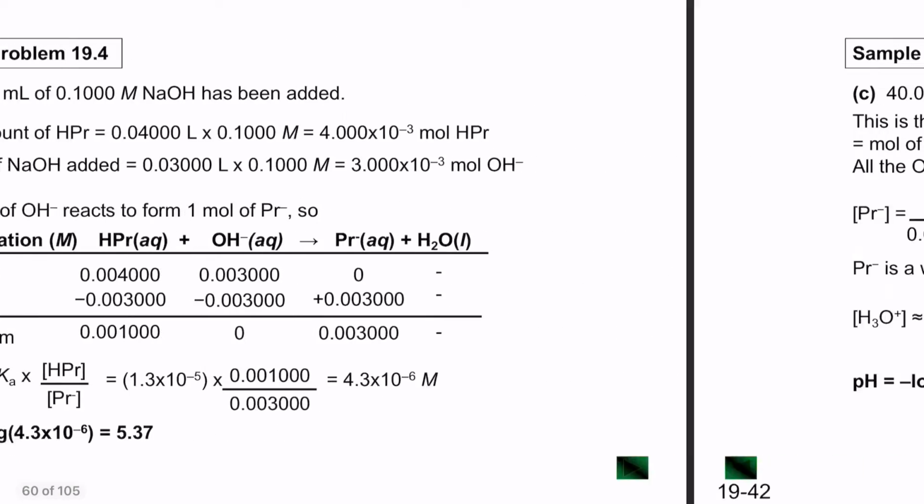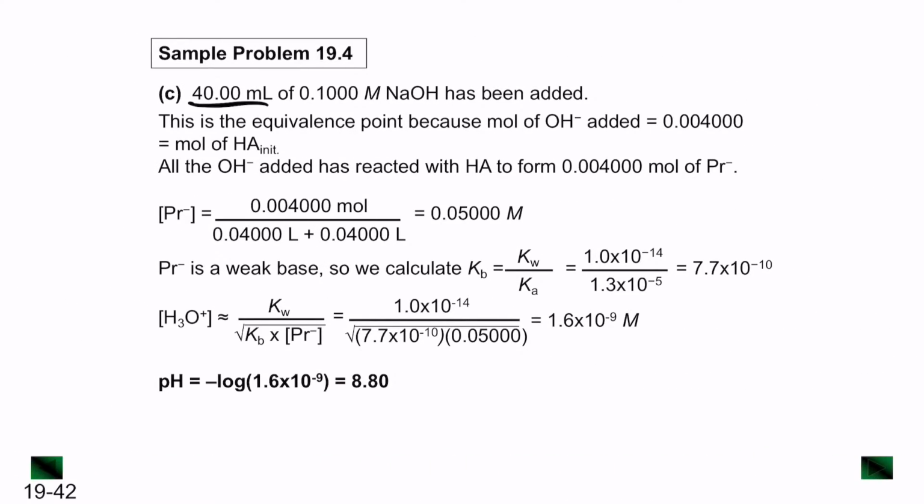Next, we do the same thing with 40 mL of NaOH. This is the equivalence point, where the amount of OH minus being added equals the initial amount of the acid. Therefore, the concentration of Pr minus becomes the total number of moles of the acid over the total volume of acid plus base, which gives you a value of 0.05.